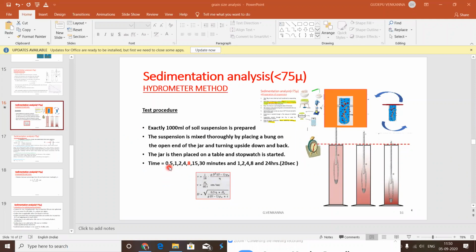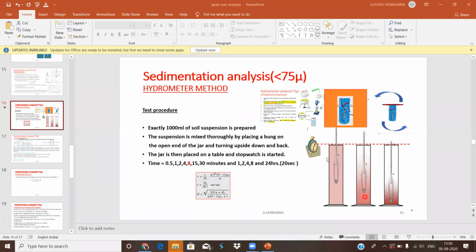Before taking each reading, we have to immerse the hydrometer very slowly in the jar, about 20 seconds before the time interval. If we take a sample at 8 hours, then just 20 seconds before that time, we slowly and gradually release the hydrometer in the jar.